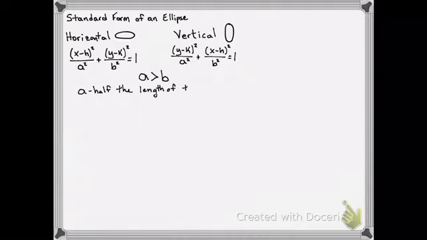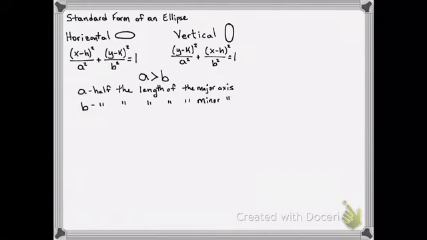And then B, you guessed it, B is going to be half the length of the minor axis. And so that's why A has to be bigger than B, because A specifically deals with the major axis. If B were bigger than A, then that wouldn't be the major axis, and that would be really weird. So I'm just going to use these quotes, half the length of the major or minor axis. And so that's what A and B will give us.